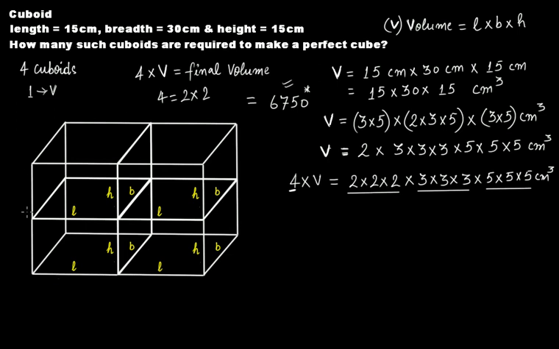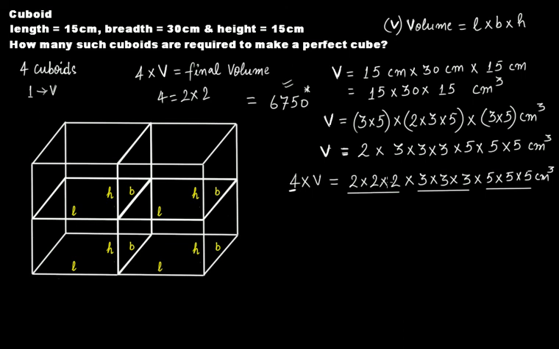Here we used the diagram, we attached the different blocks of cuboids together, and we found that the number of cuboids required to make a perfect cube is 4. But as I said, every time it's not possible for you to join the blocks and then tell the answer. In that case, you have to use the method of prime factorization.